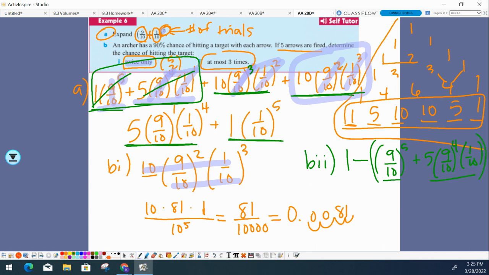This one's where I hit it 4 times. And then I'm going to add those together, subtract it from 1. And I don't know what that is, but I know my final answer because I'm looking at the book. So there's going to be times where it's just easier, less work to take 1 minus what you can't do to get what you can do. And that's binomial distribution.